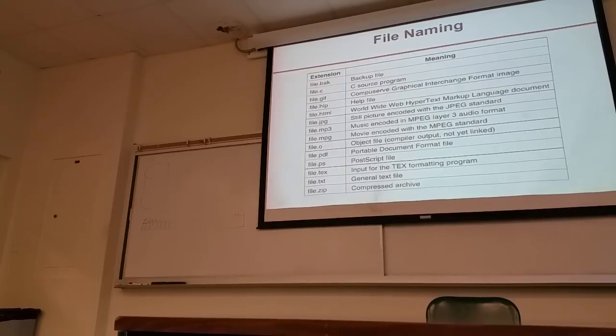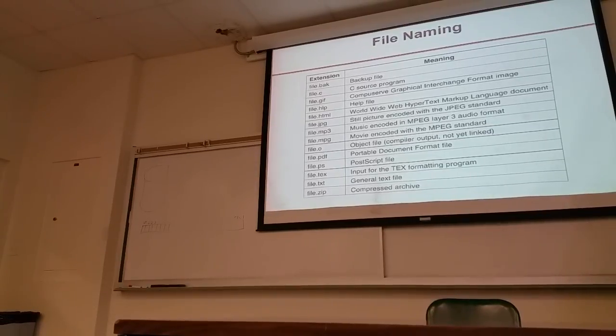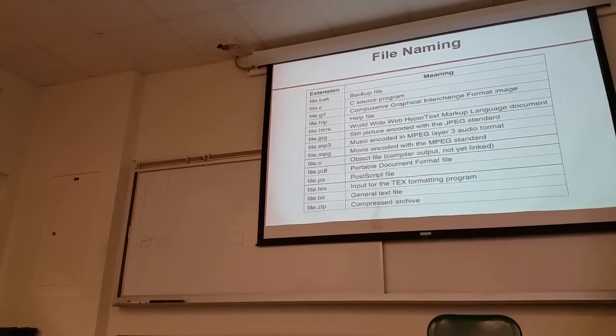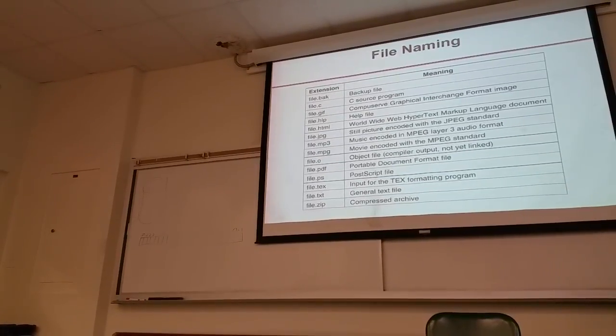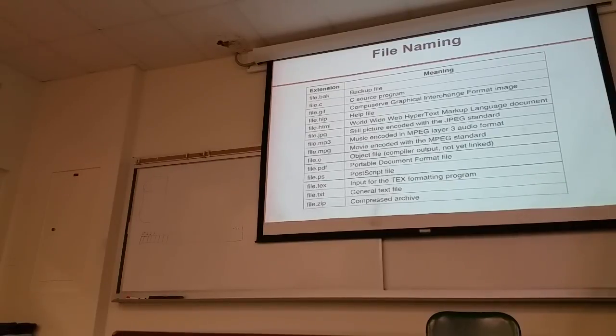All right, so immediately when we start talking about file systems, everybody immediately goes to file names. It's just a natural thing. So let's go ahead and get that beast taken care of right at the beginning here. File names typically have a naming convention where you have a name, a dot, and a file name extension.